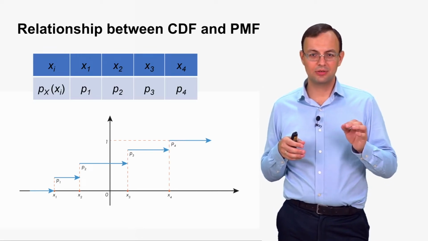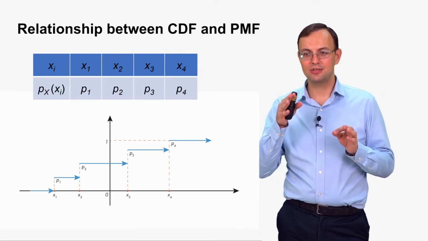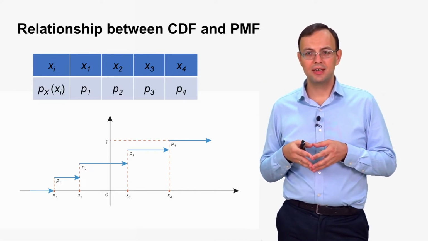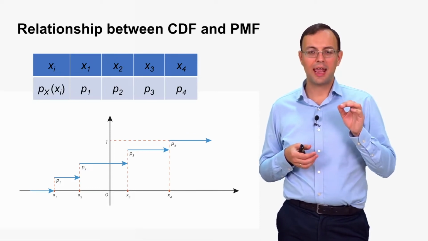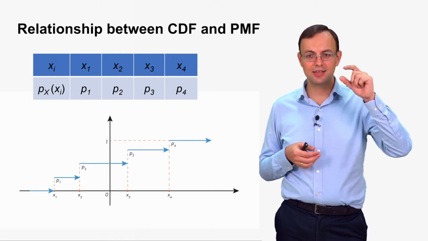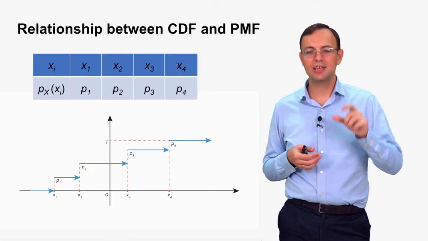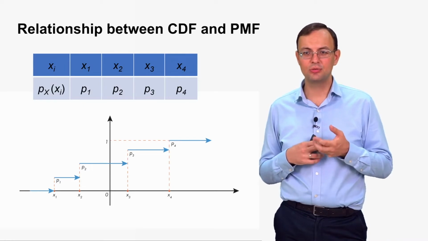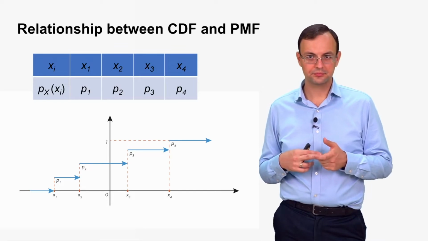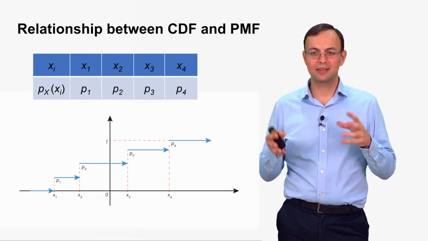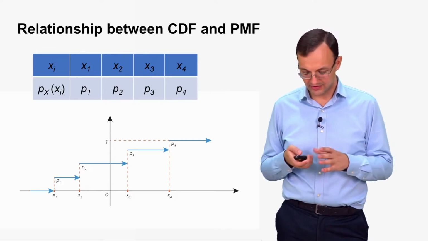It is equal to 0 left of x1, it is equal to 1 right of x4, and in these 4 points we see stairs, and the height of each stair is equal to the respective probability. So the height of the first stair is P1, of the second one P2, of the third one P3, of the fourth one P4. That is how we can get a CDF when we have the PMF and vice versa.